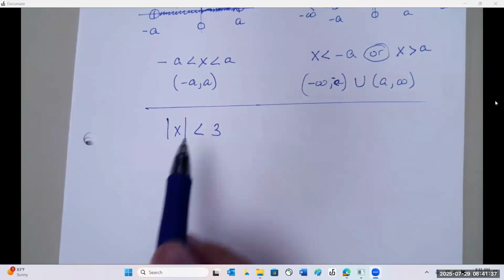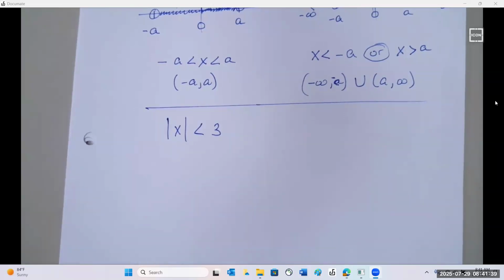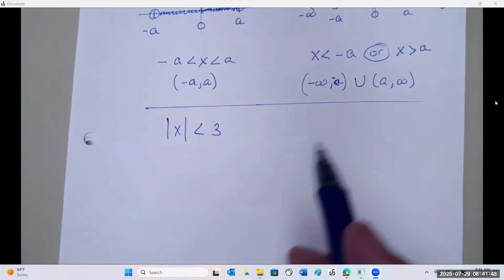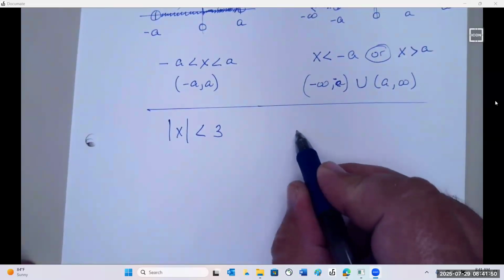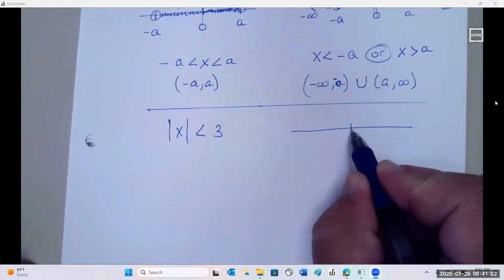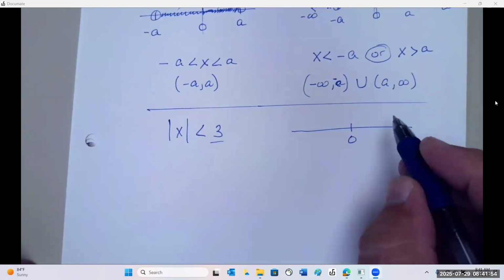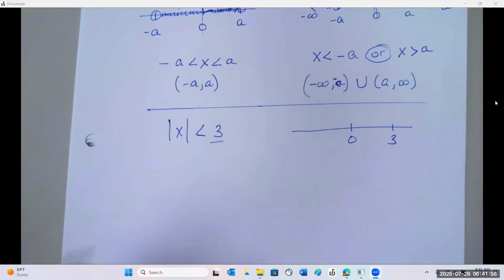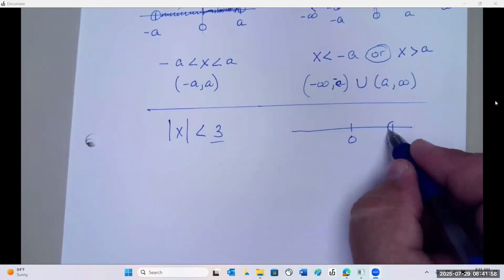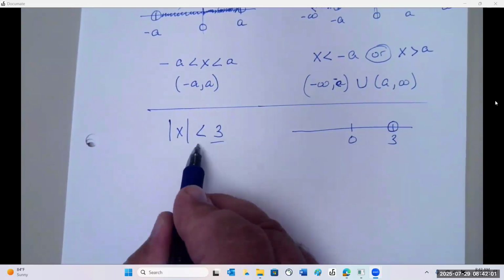Because it says X is less than 3, so it can't go to the right. Again, always start off drawing a picture first. There's your 0. There's 3. It's an open circle, but there's no equal sign there.